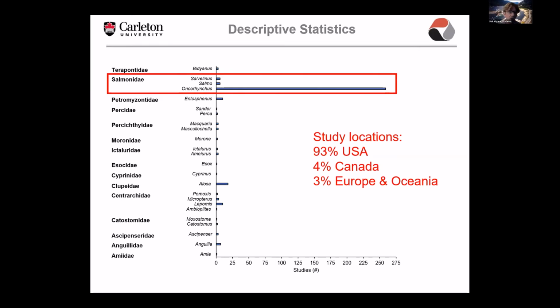There is a very strong taxonomic bias in the evidence base. We had some pretty good representation of the different fish taxa, but it was by far driven by Pacific salmonids. There was also a study location bias, such that most of the evidence base was composed of studies that took place in the United States, with only a handful in Canada, Europe, and next to none in the developing world.